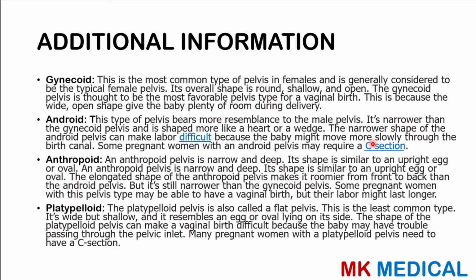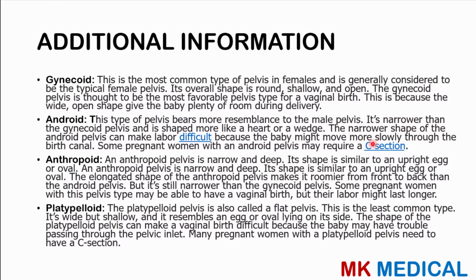Now, when it comes to the android type of pelvis, this is actually very similar to the male type of pelvis. So it's going to be much narrower as compared to the gynecoid pelvis, and it's shaped like a heart or a wedge. And because of the narrow shape of this pelvis, it makes it very difficult for the baby to maneuver or to actually move through the birth canal.